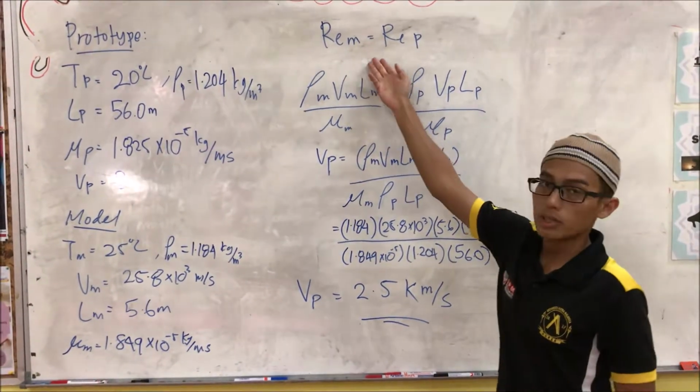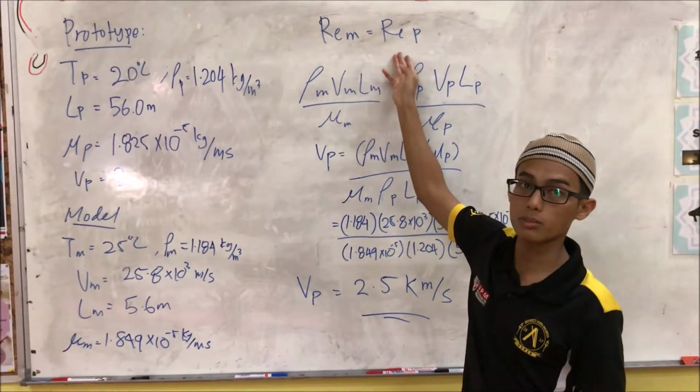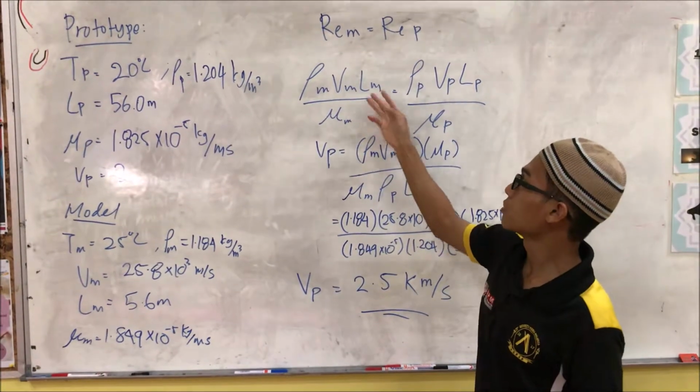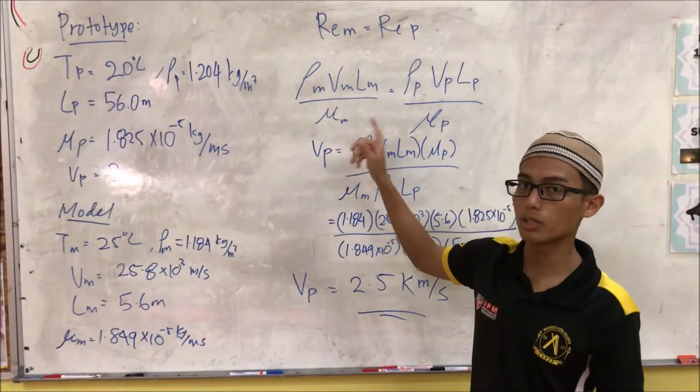Okay, so as you can see here, the Reynolds number for the model equals the Reynolds number of the prototype. So Reynolds number equals rho times V times L over mu.